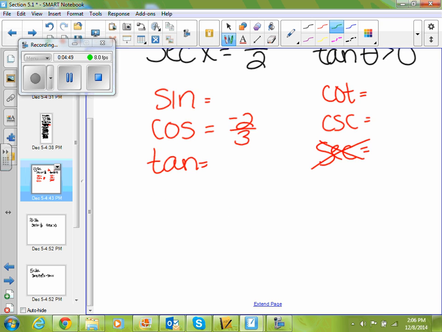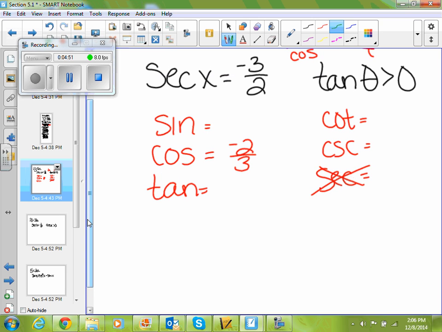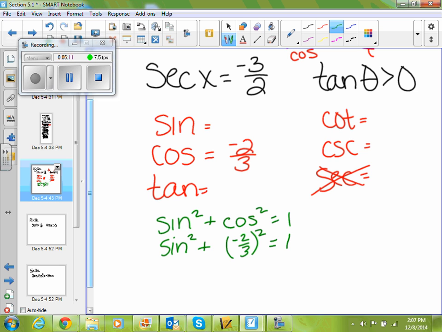For the next part, I'm going to use my trig identity, which is sine squared plus cosine squared equals 1, because I have my cosine squared, but I need to find my sine. So if I know that sine squared plus cosine squared, but we just figured out cosine was negative 2 over 3, so negative 2 over 3 squared equals 1.